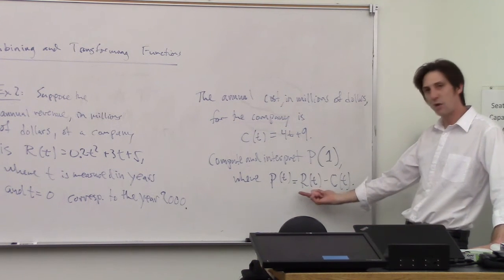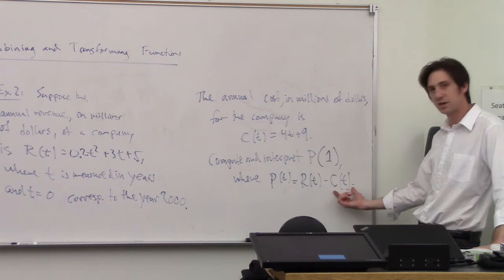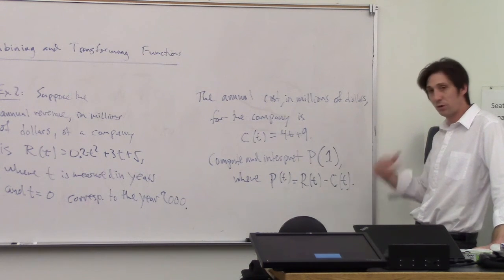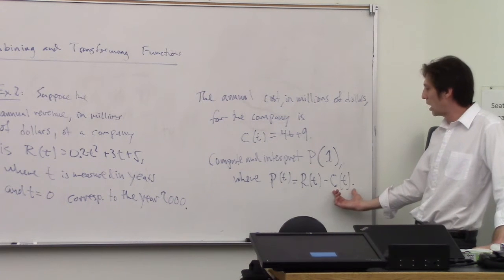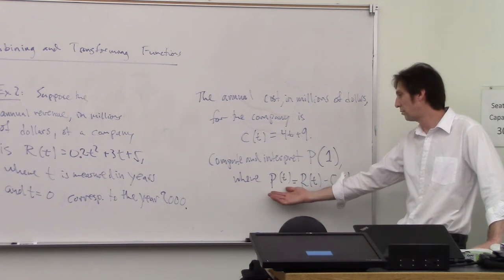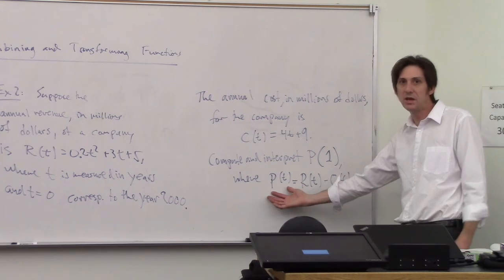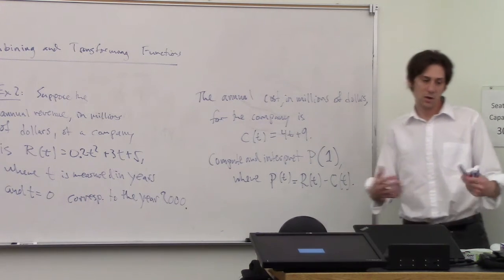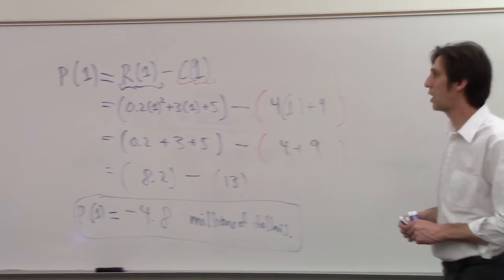And so if I look at how much money is coming in minus how much it took me to produce the products, I'm left with some amount of money in my pocket. Okay, and so P is profit for selling those products.